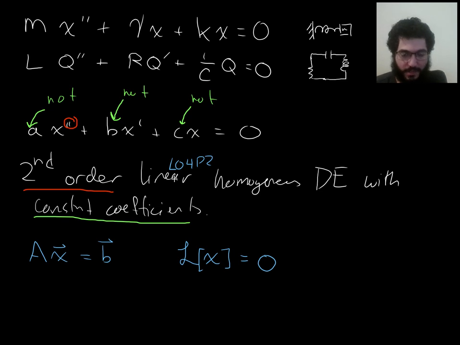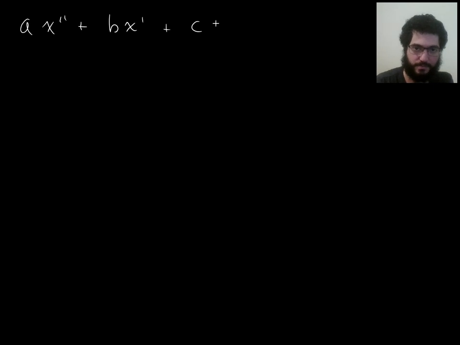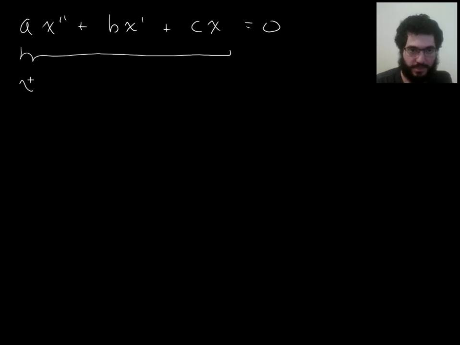And when I say it's a linear differential equation, what I mean is that if you think of the left-hand side as an operator applied to the function x of t, then that operator is a linear operator. So let's have a closer look at this. The left-hand side is this operation that's happening to x.